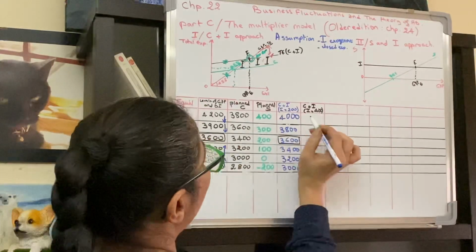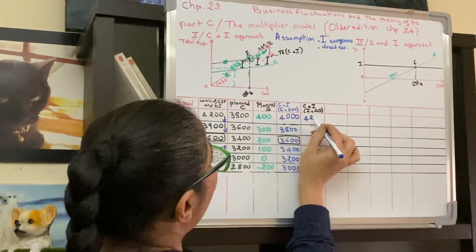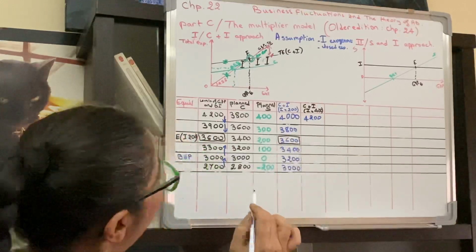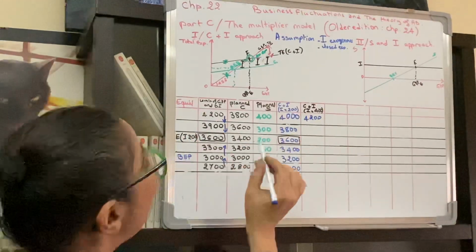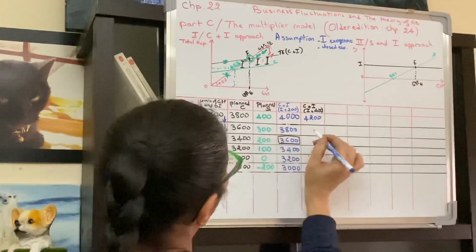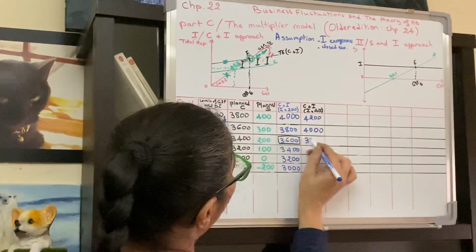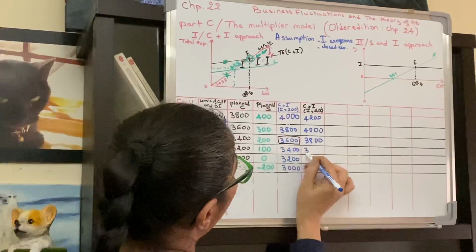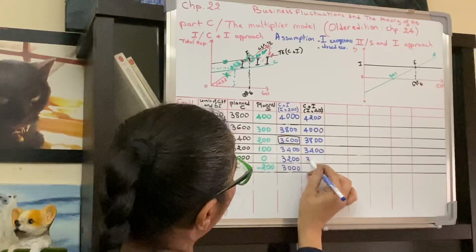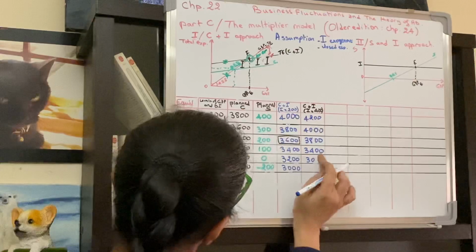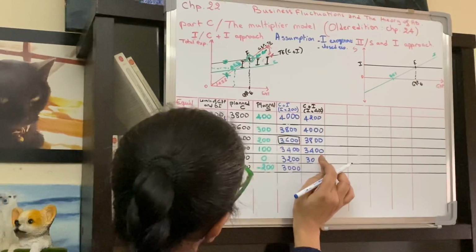800 plus 400, that would be 4,200. I already found the equality. Anyway, I need to do them for all. Okay, 3, 8, 3, 4, 3. Do I have a mistake in here?